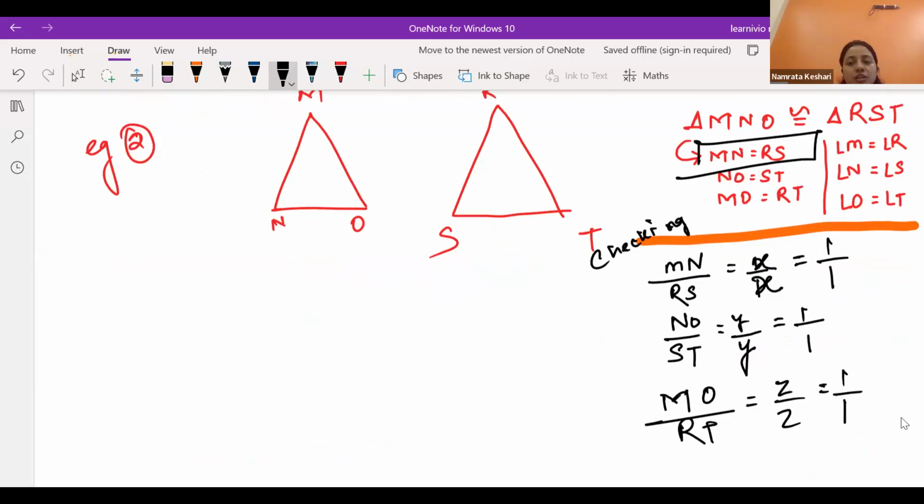Can you see the ratios are equal? Whatever be the ratio, the ratios are equal. Automatically the angles were already equal by CPCT, which helps us say that the ratio is equal and the angle is equal, hence similar. Yes or no?